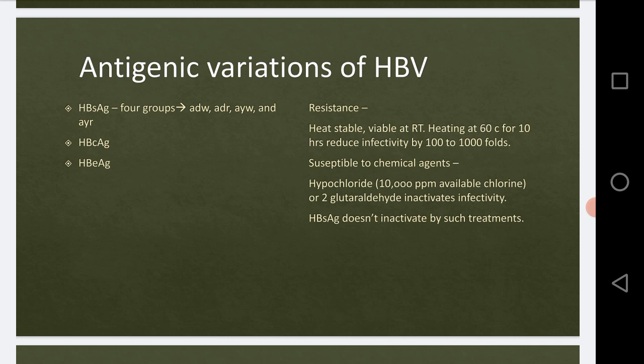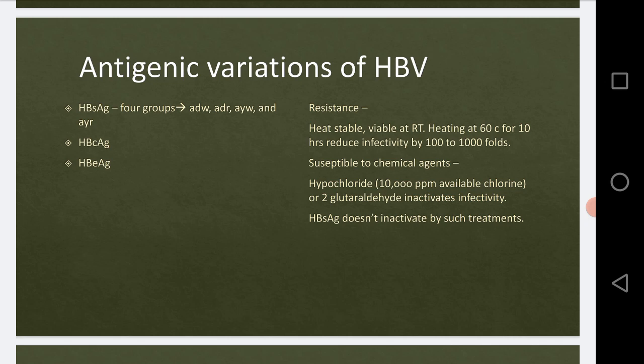Now both the antigens of the nucleocapsid, the HBc and the HBe antigen, are coded by the same gene, that is the gene for the nucleocapsid. They are both coded by the genes responsible for producing the nucleocapsid, but they are immunogenically different, immunologically different. Their structure is different.